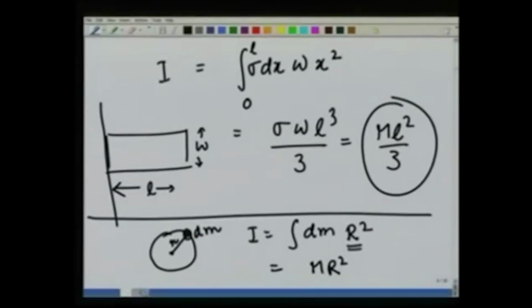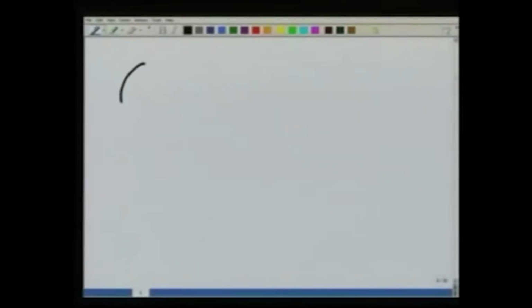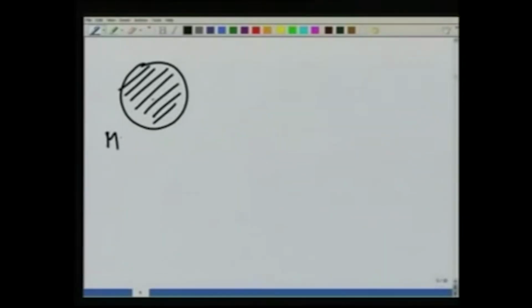As a third example, let us take a disc, a solid disc of mass m and radius r, and I want to calculate its moment of inertia about an axis passing through its center.